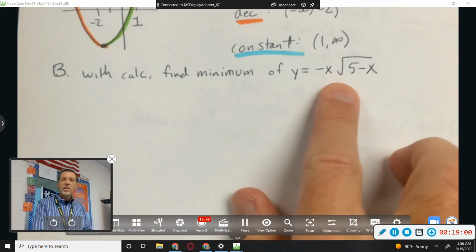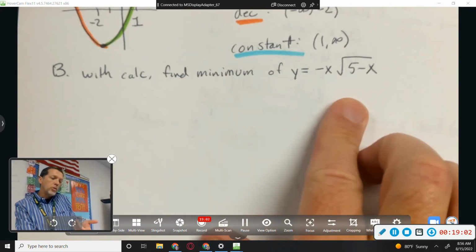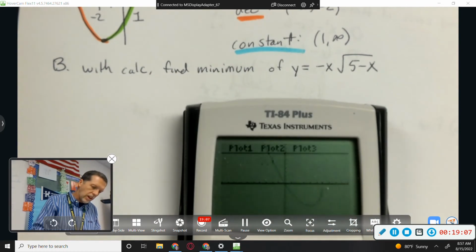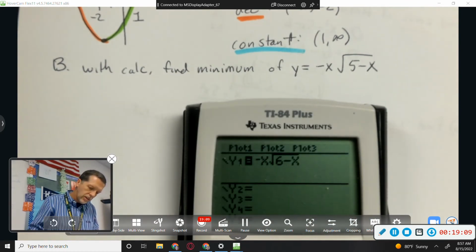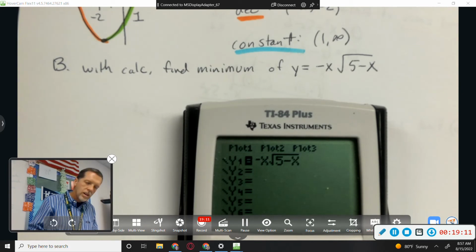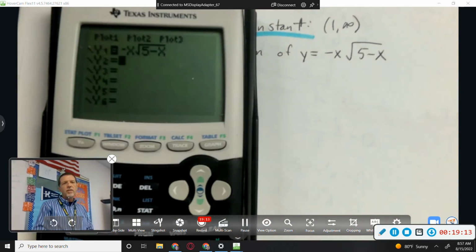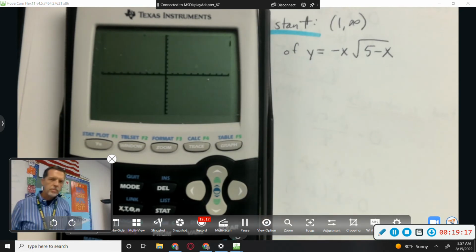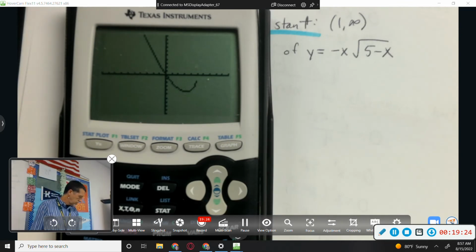Yeah, you could do this in calculus without a calculator, but we're not there yet. So grab the calculator, go to y equals and put that function in. Let's see what it looks like. Something like that.